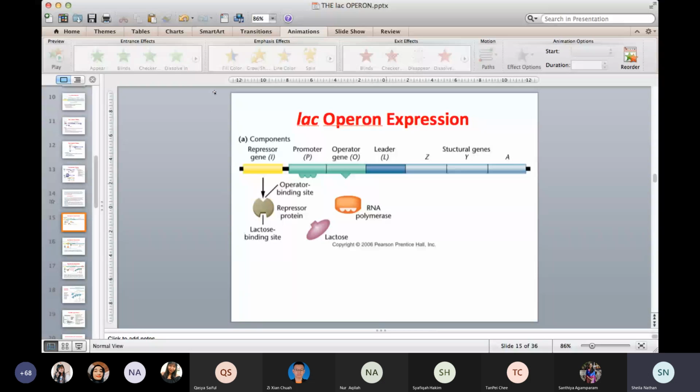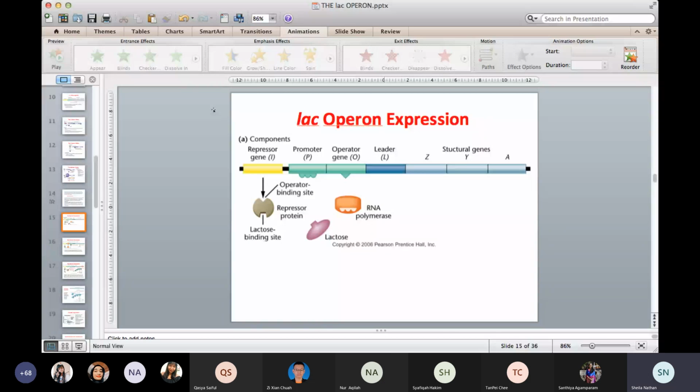But remember this: at the point where there is no more glucose inside the bacterial cell, the Lac Operon is still switched off because there is no lactose inside the cell. The lactose has to be brought from outside the cell into the cell. Understand so far? But to bring the lactose from outside the cell into the cell, what do you need?